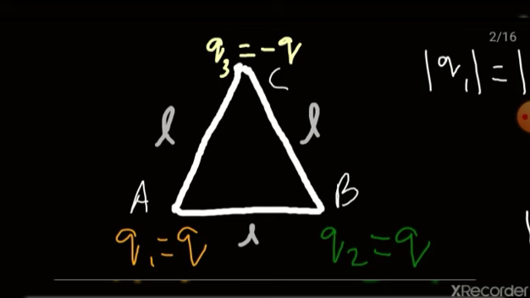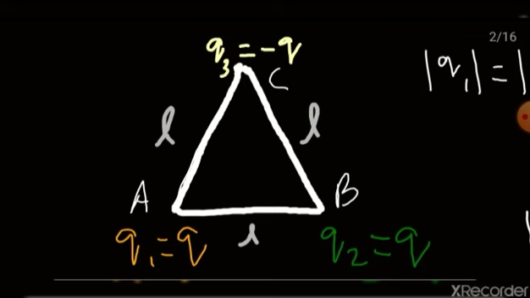If we talk about the charges q1 and q3, they are at a distance L. The charges q1 and q2 are also at a distance L. And q2 and q3 are also at a distance L from each other.